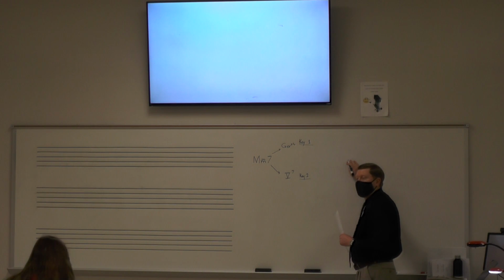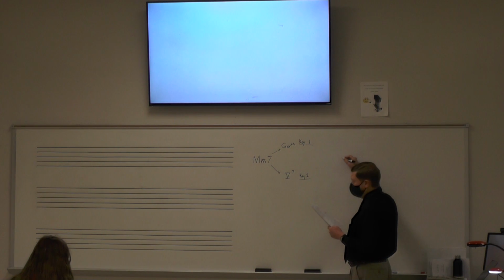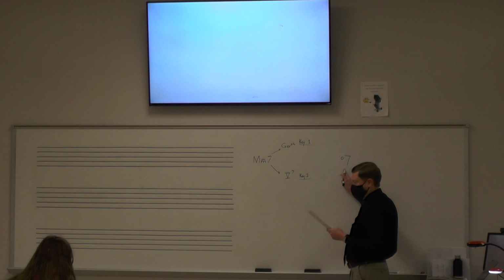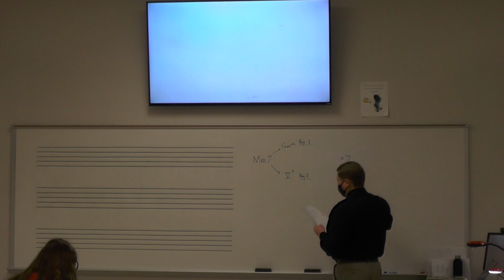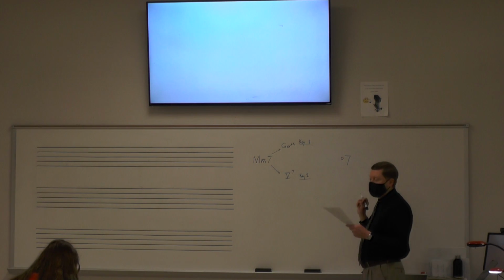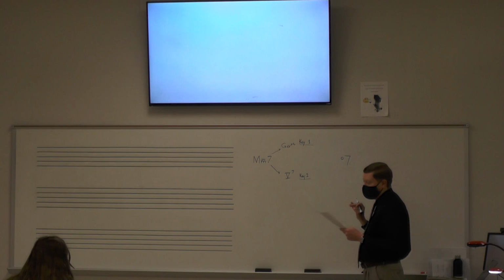But the other chord that I mentioned a couple classes ago that can function in multiple keys at the same time because of its enharmonic possibilities is the fully diminished seventh chord. The fully diminished seventh chord has the ability to lead in four different directions, or to lead to four keys.